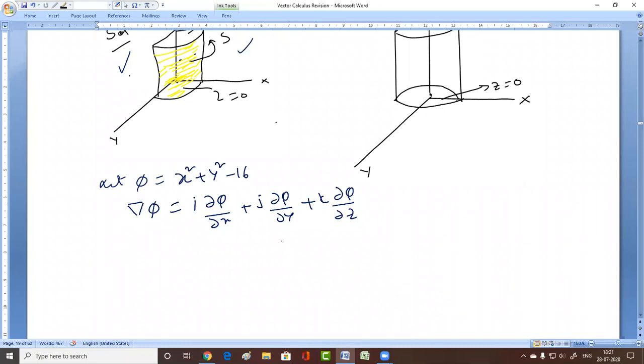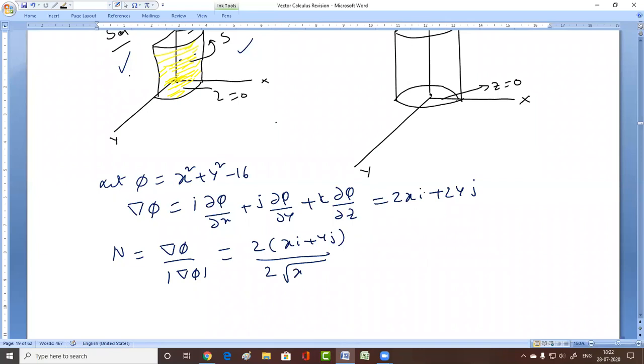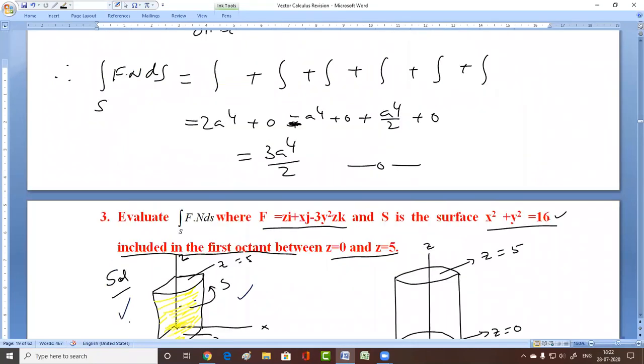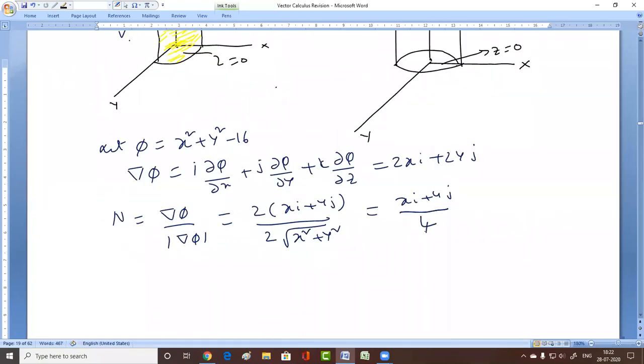You will get 2x i plus 2y j. The unit normal n equals del phi by mod del phi. Del phi is 2 times (x i plus y j), divided by 2 times the square root of x square plus y square. Now 2 cancels: (x i plus y j) divided by root of x square plus y square. Since x square plus y square is 16, under the root you will get 4 only. So first we find the unit normal.